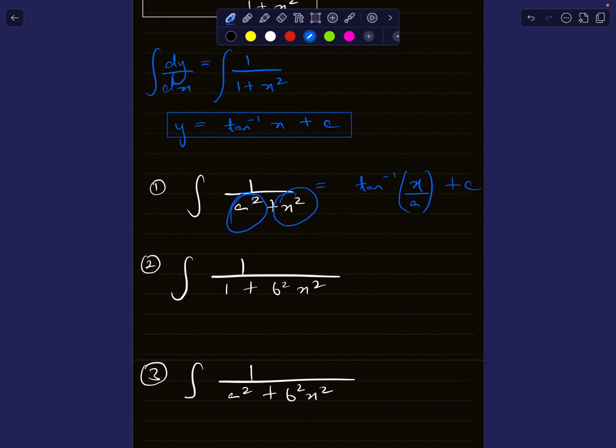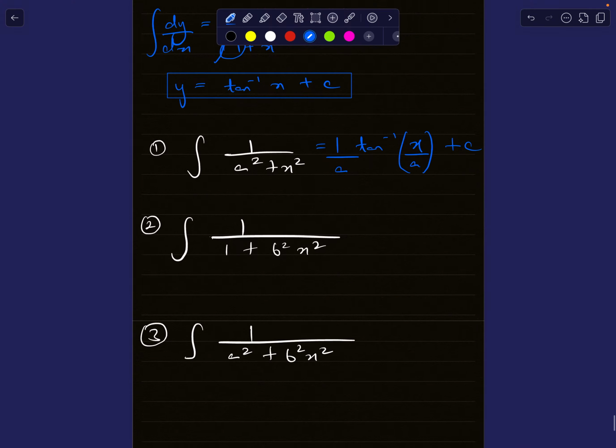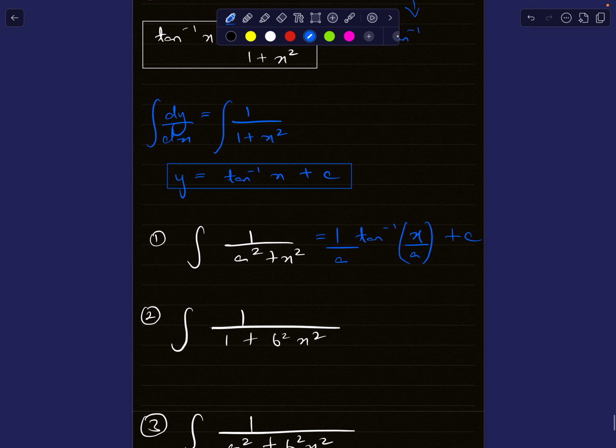And since the first thing in the denominator is not a 1, as in this case, we'll write that down in terms of a. Notice that whenever we have two things in the denominator, we have to write both in their simplest form, which in this case was a square. You have to write both in terms of a square. As in this case, I can also write 1 as 1 square, but we do know that 1 equals 1 square.